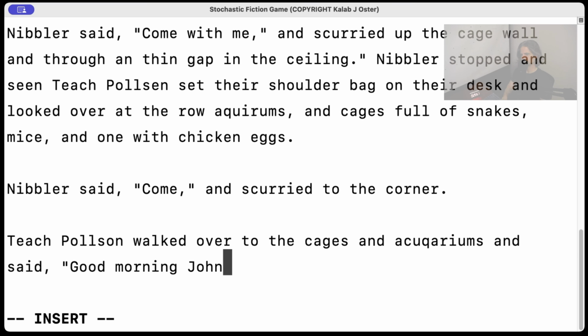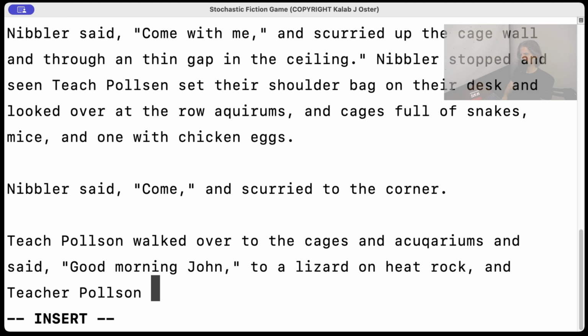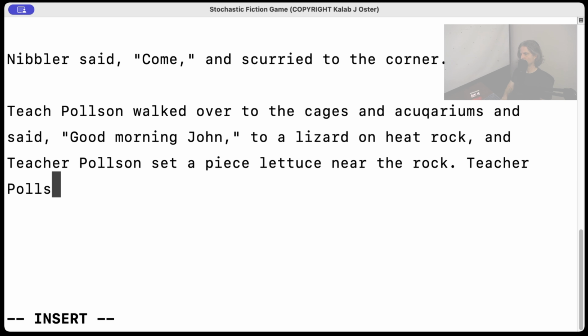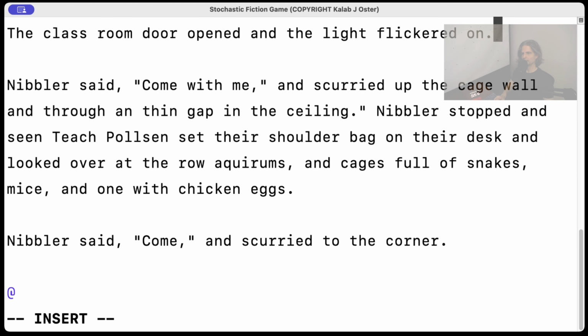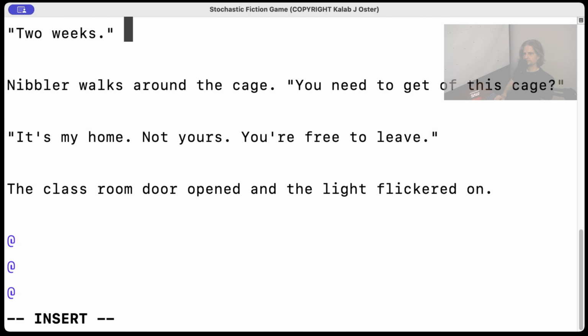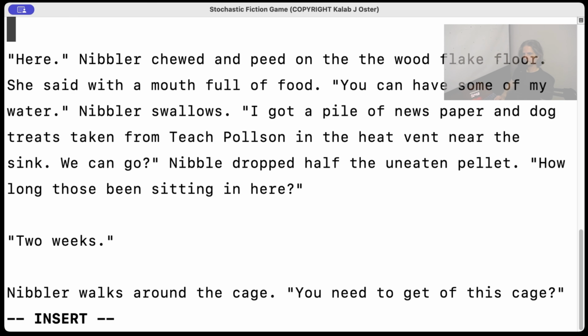John. To a lizard on a heat rock. Set a piece of lettuce near the rock. Teacher Polson in the heat vent near the sink.